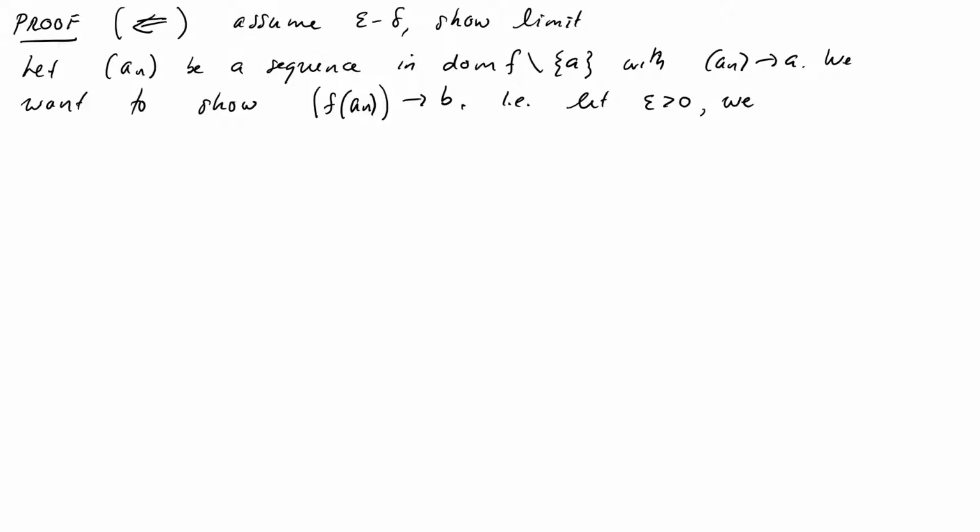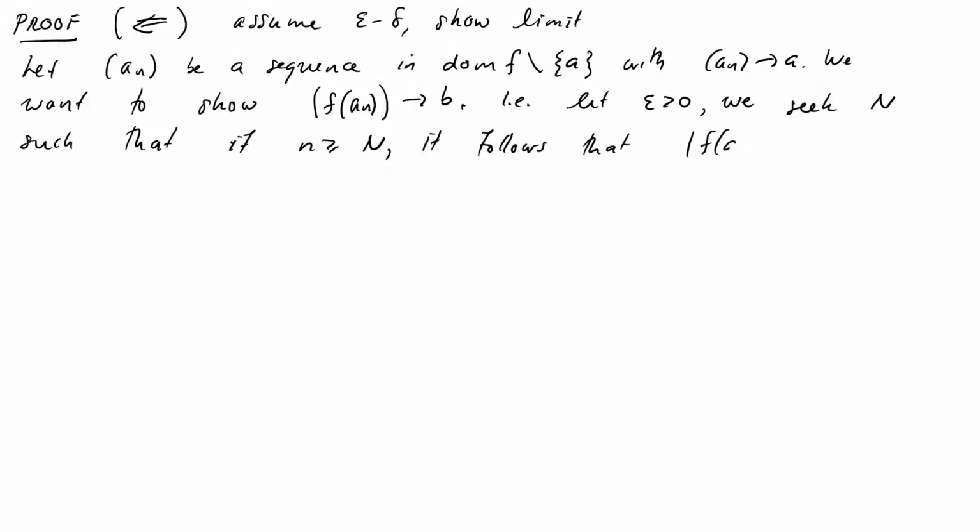We seek N such that if n is greater than or equal to N, it follows that the absolute value of f of a_n minus b is less than epsilon.